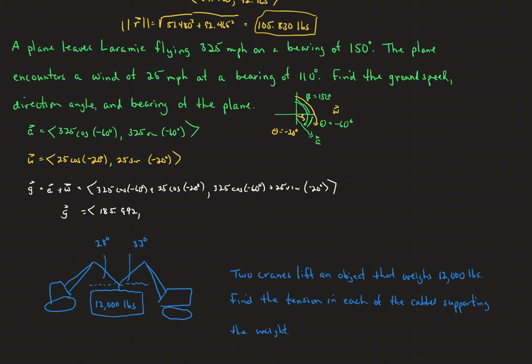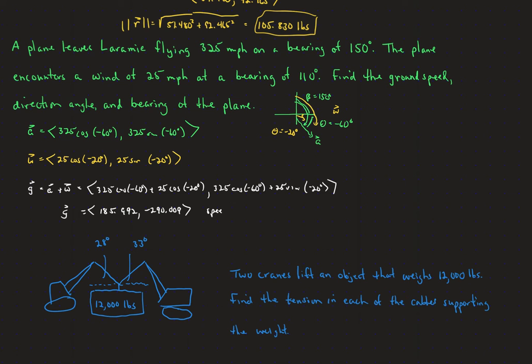And then 325 sine of negative 60 plus 25 sine of negative 20, and that looks like a negative 290.009. So there's our ground speed vector.